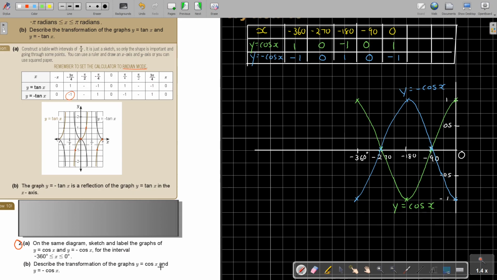Therefore, this was number A, and number B: y equals negative cos x is a reflection of y is equal to cos x in the x-axis. Okay, and that is how you do it.